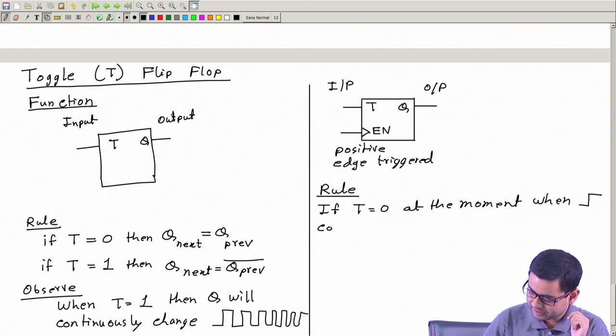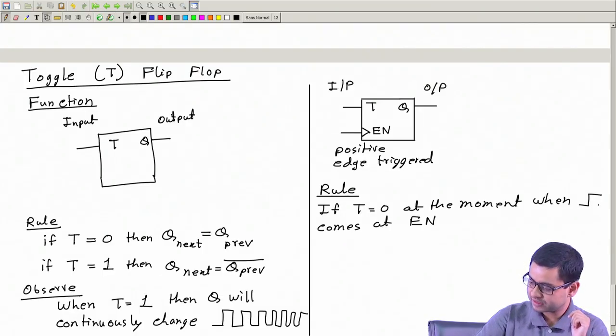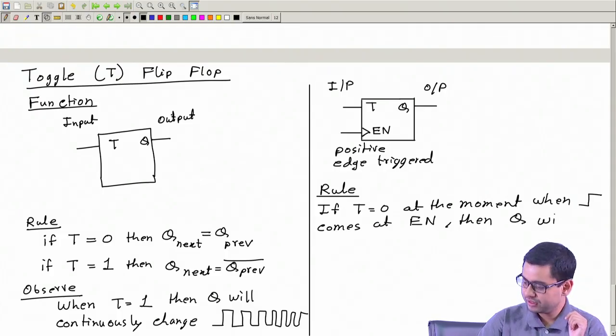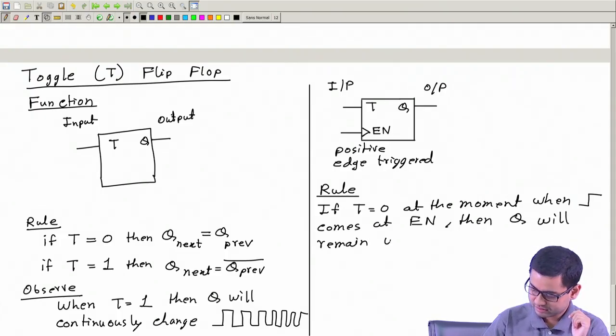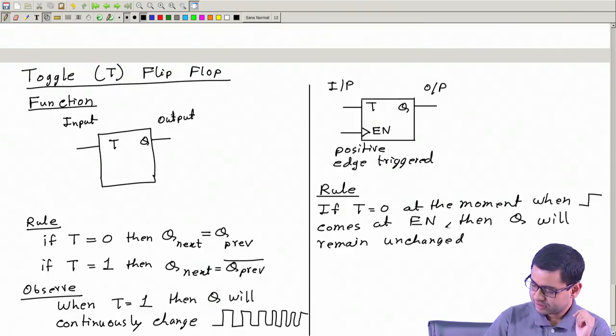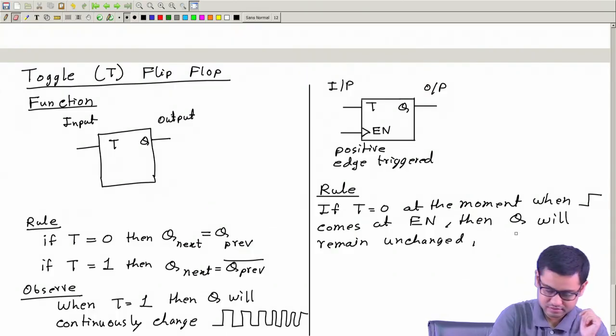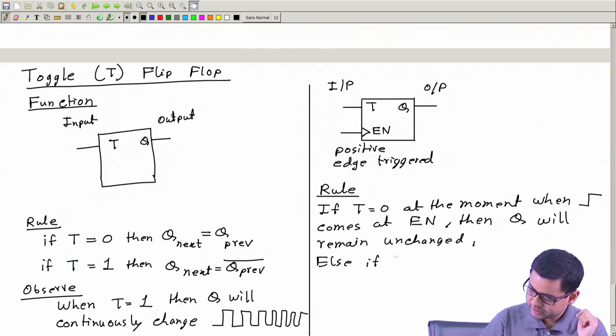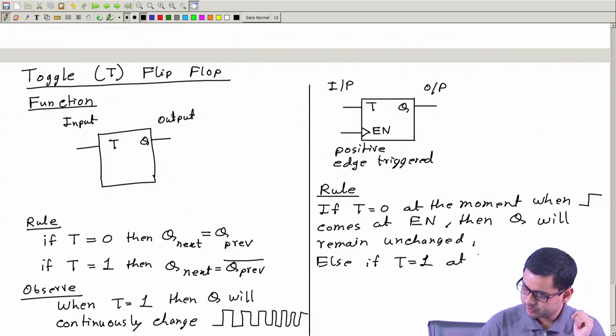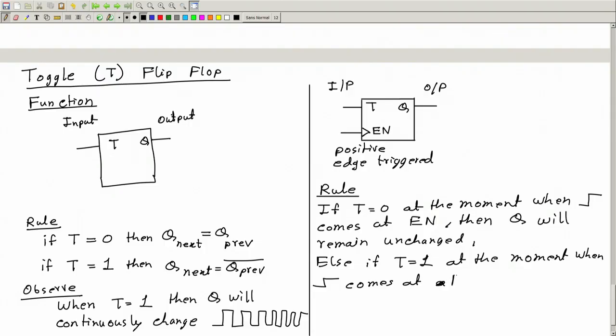So, when a rising edge comes at enable, if T equal to 0 at that moment, then Q will remain unchanged, but else, if T is equal to 1 at the moment when this rising edge comes at enable, then Q will change.